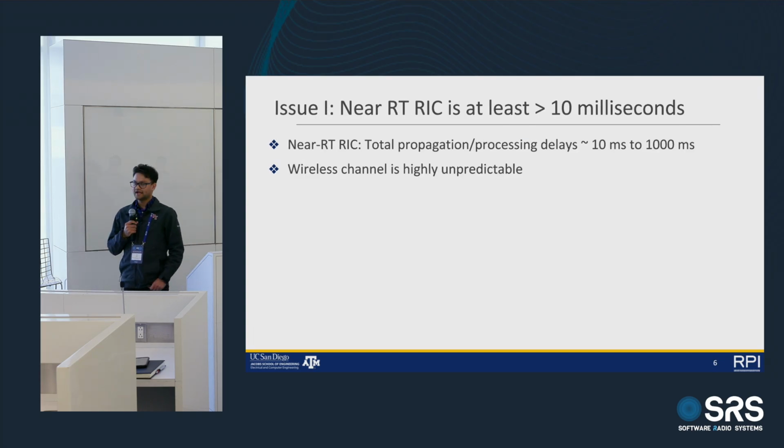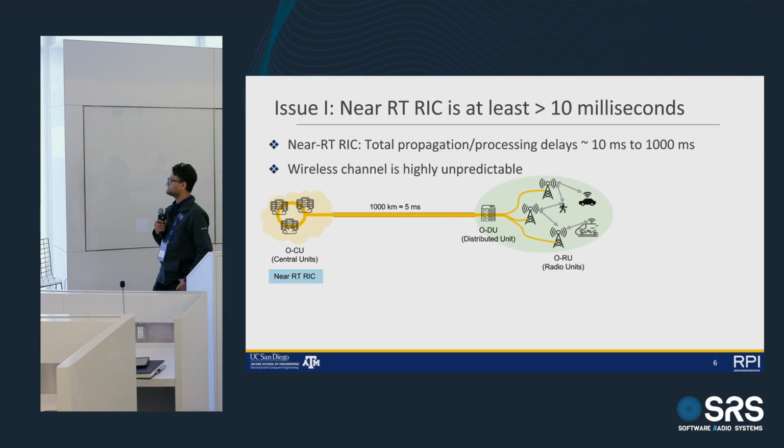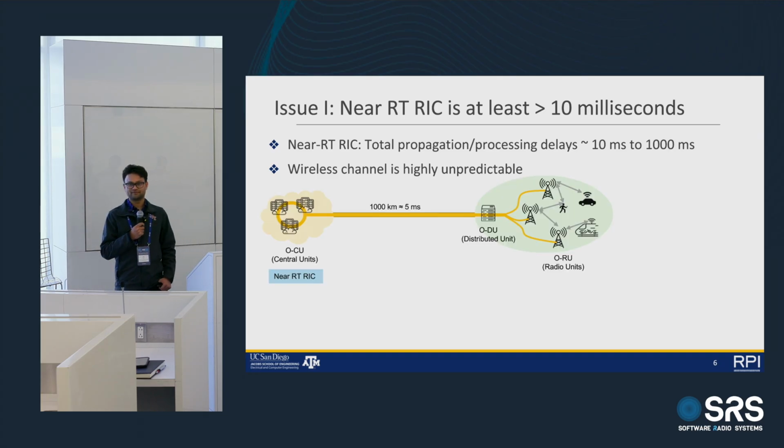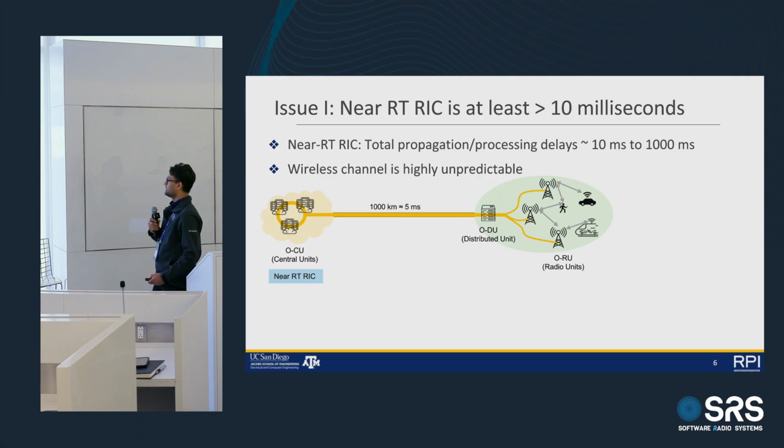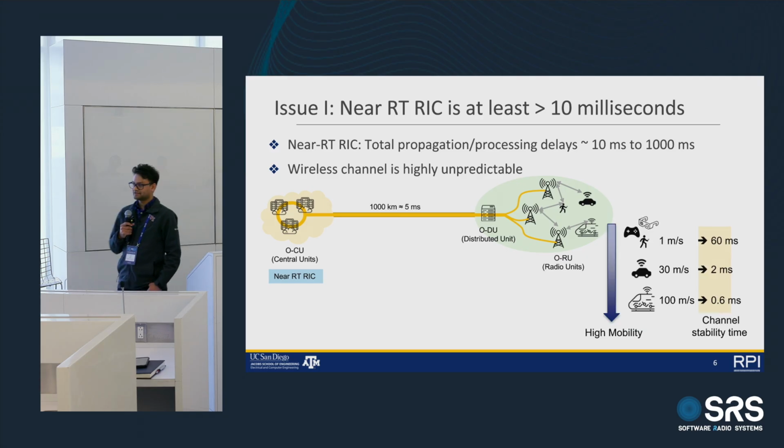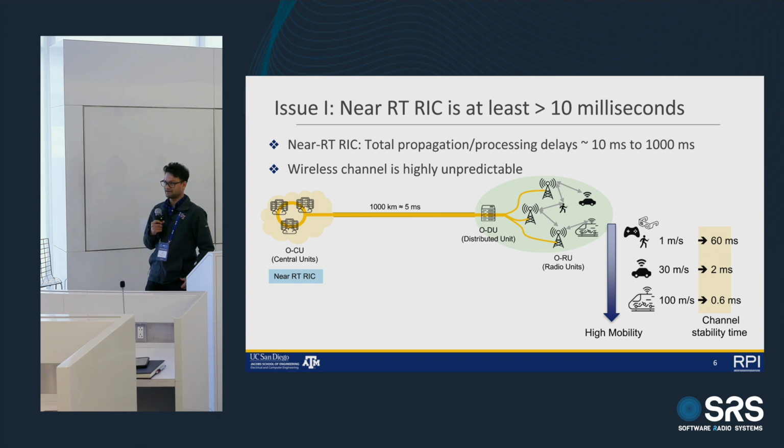The main issue for building such applications is that the near-real-time RIC could be more than 10 milliseconds far apart, and the channel changes fast. When we talk about the wireless channel, if you look at common mobility patterns, for example if you are driving, the channel will change within a millisecond, right? And if you are in a heavy multipath scenario, the channel changes even faster.